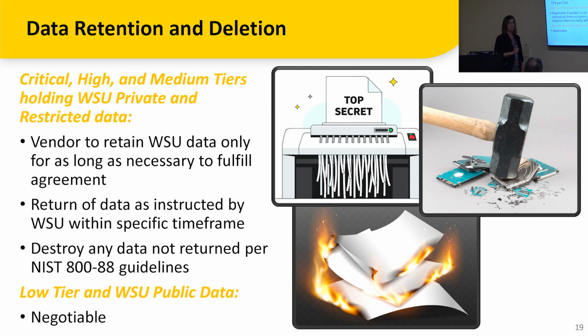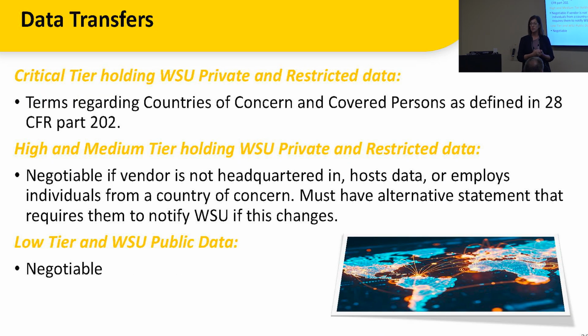Data transfers. So we always ask, where are your headquarters and where are you housing or hosting data? If they want to transfer large amounts of sensitive PII outside of the country, we really want to know about it. So if we have a critical tier, we're going to put the terms regarding the countries of concern and covered persons in there, as defined in 28 CFR Part 202.